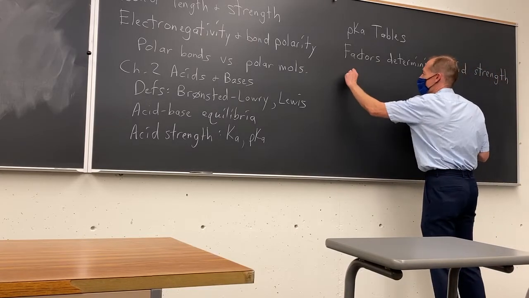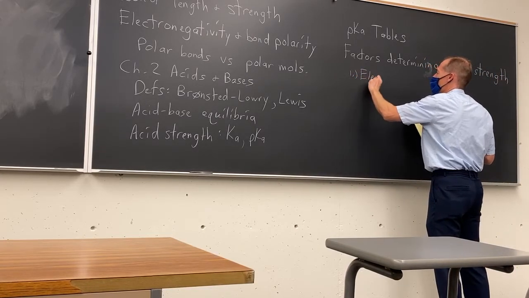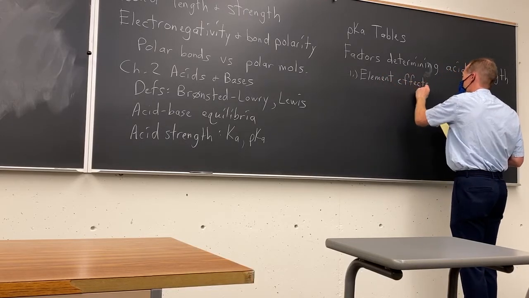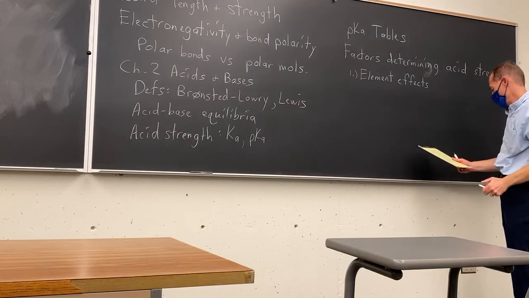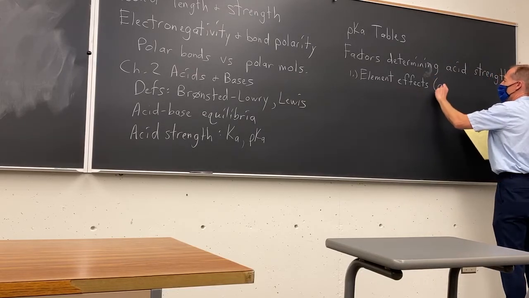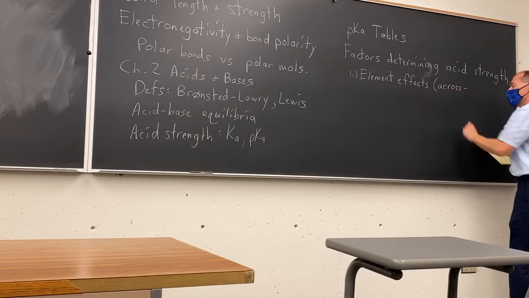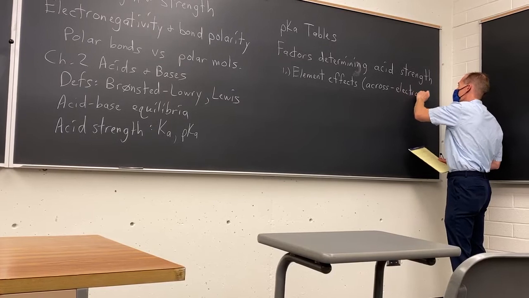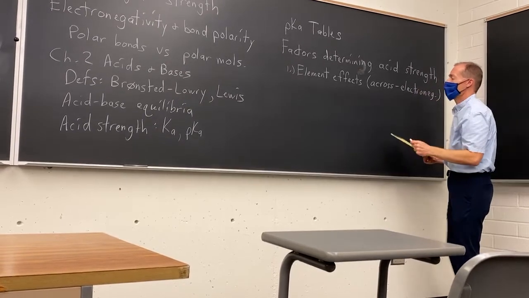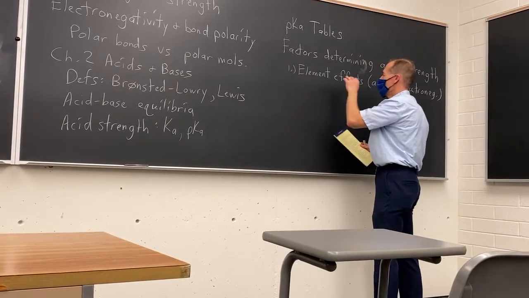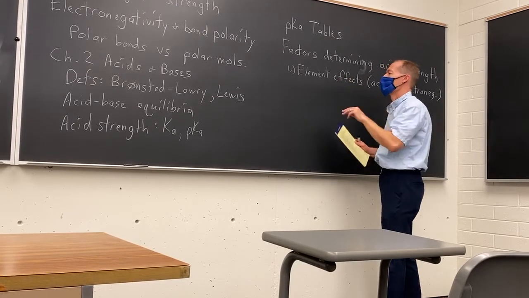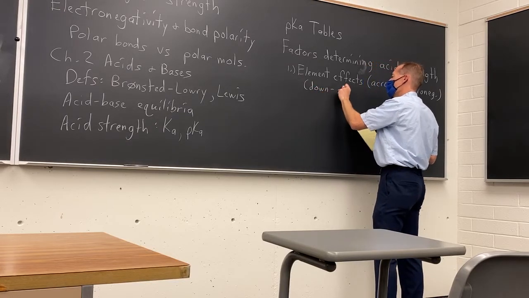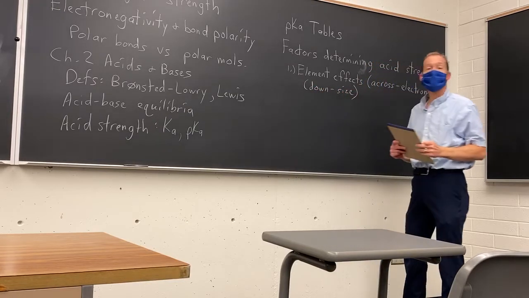So the 4 factors, we had element effects, and there's 2 versions of the element effects. If we're going across the periodic table, we look at the electronegativity of the atoms. That's the property that makes the biggest impact on acidity going across the periodic table. As we go down the periodic table, it is the size.